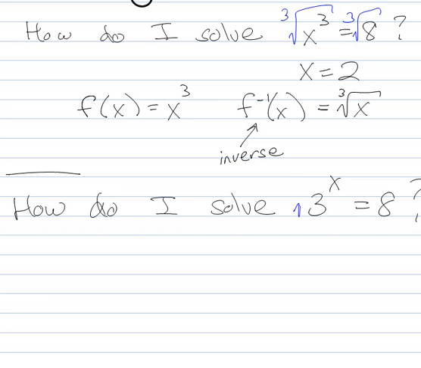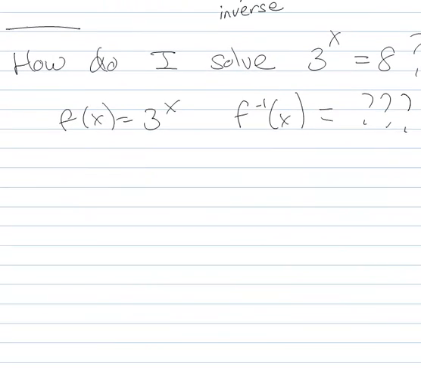Please don't do this. Definitely don't do this. That doesn't work either. Basically, you need a new function. I have f of x, 3 to the x, but I don't have an inverse function.